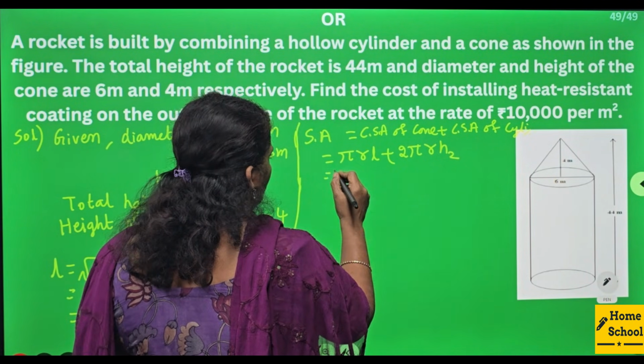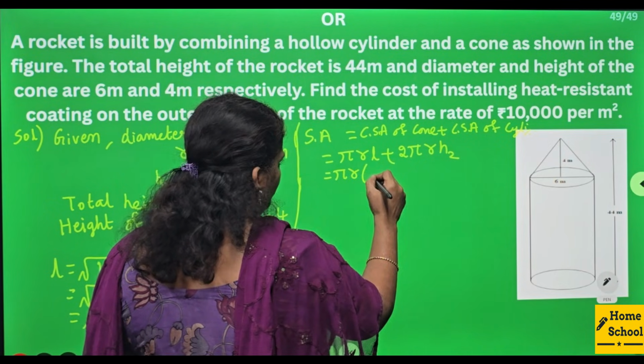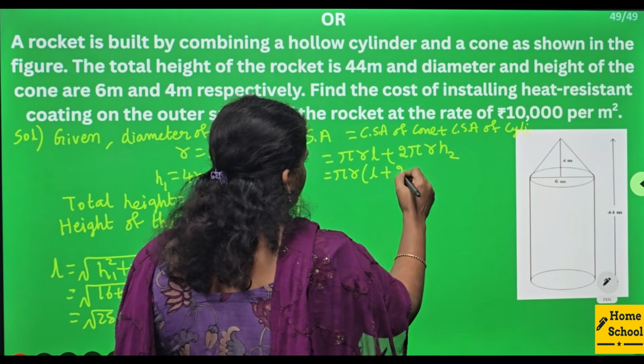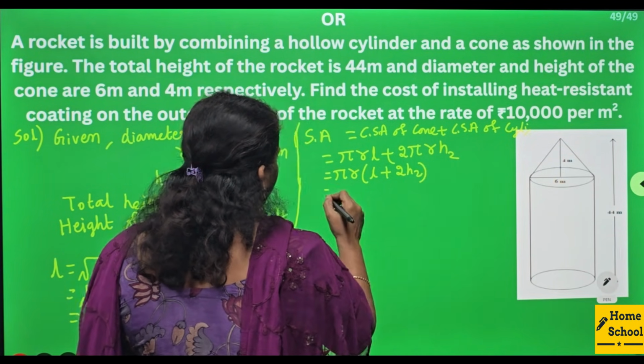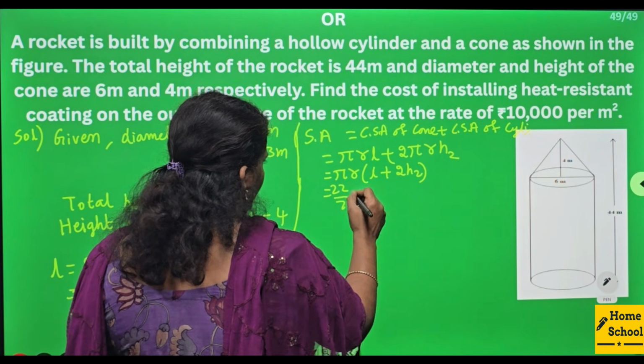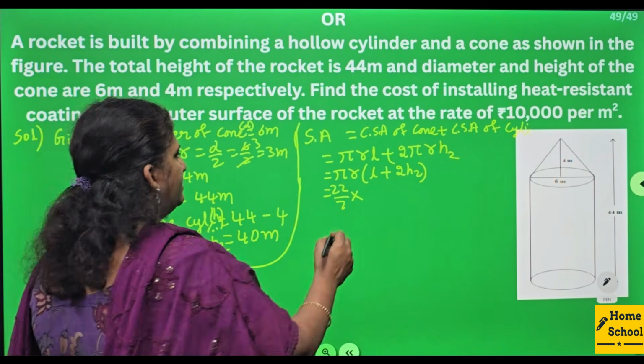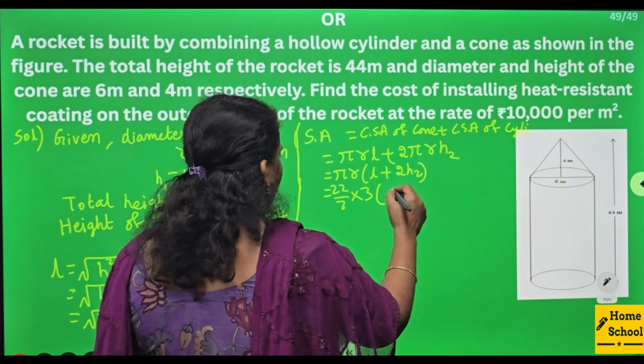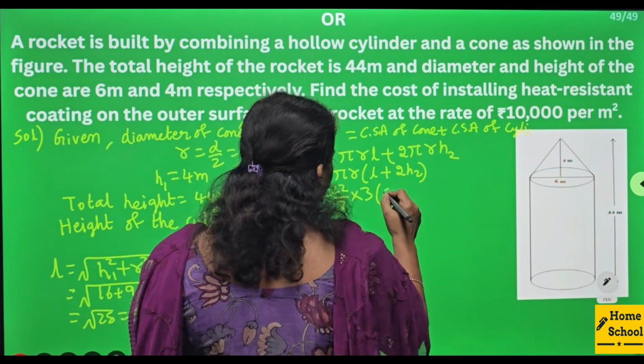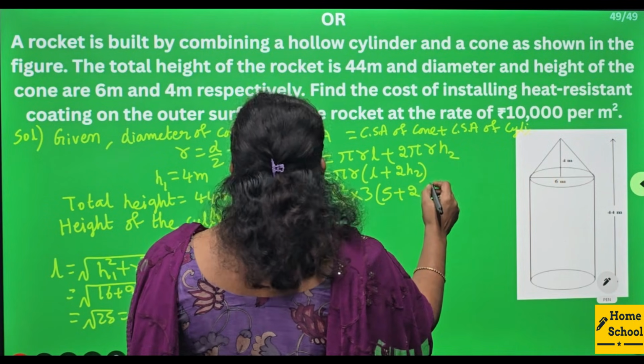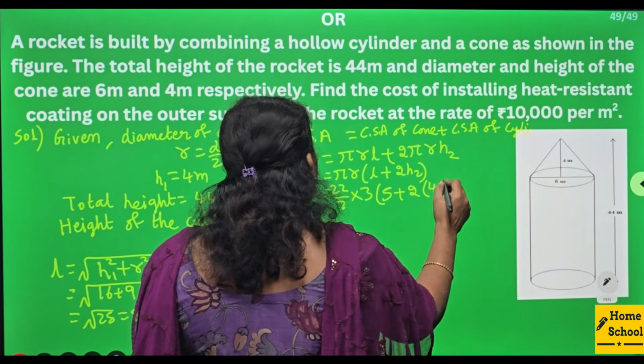Among these two, pi r is common, take out. Pi r into L plus 2 h2. Pi is 22 by 7 into, what is the radius? 3. Slant height, what you got? 5. Plus 2 into h2 value, which is 40.